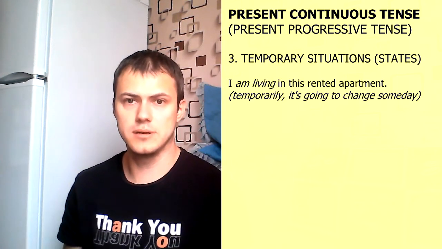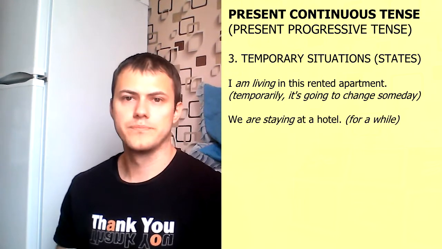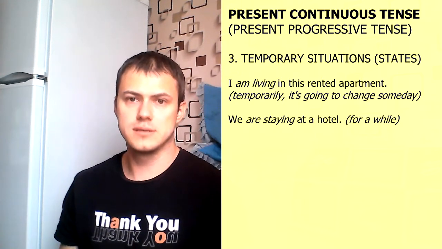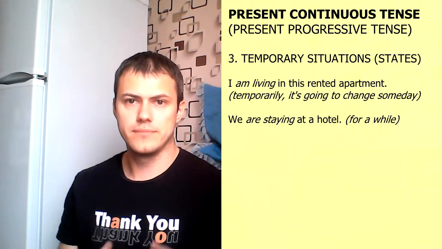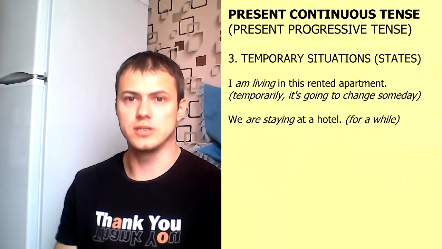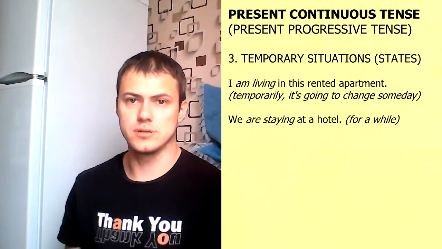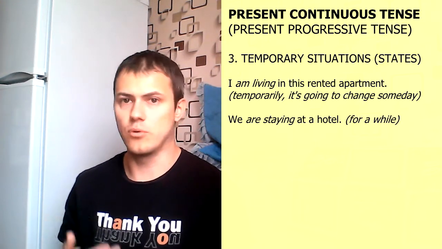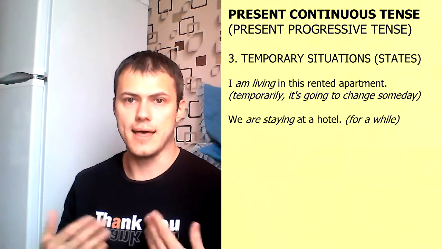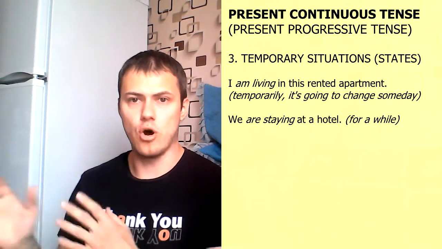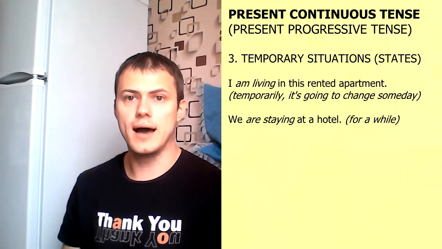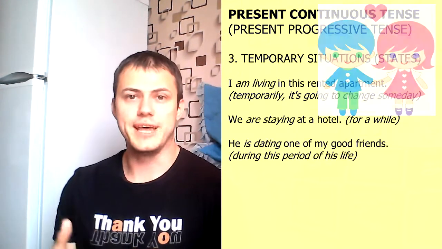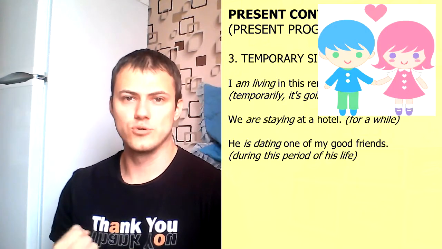that is happening around now. We are staying at a hotel. This is, one more time, not a permanent situation. This is a temporary situation. We are staying at a hotel maybe for 2 weeks or maybe for 2 days, and then we are going to move on. He is dating one of my good friends.